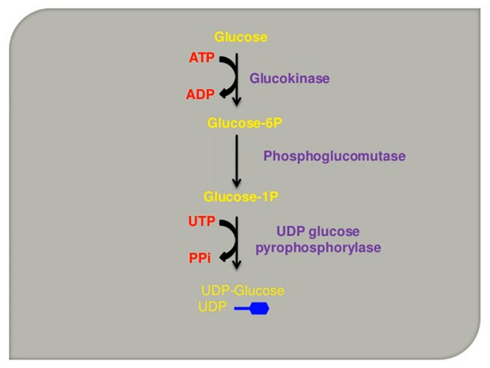Glucose, glucose 6-phosphate, glucose 1-phosphate, and glucose is going to be separated from the UDP. The enzymes involved are also mentioned here: glucokinase, phosphoglucomutase, UDP-glucose pyrophosphorylase.